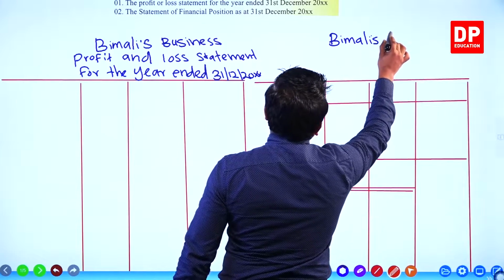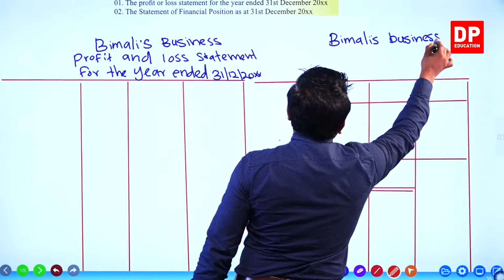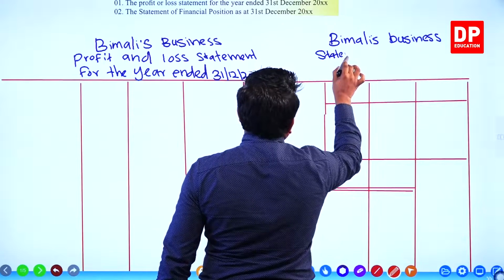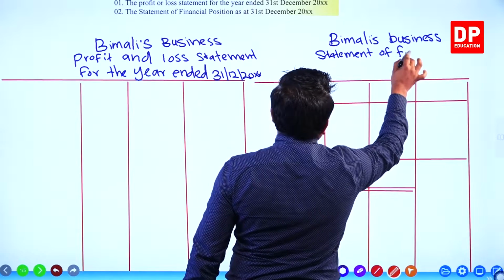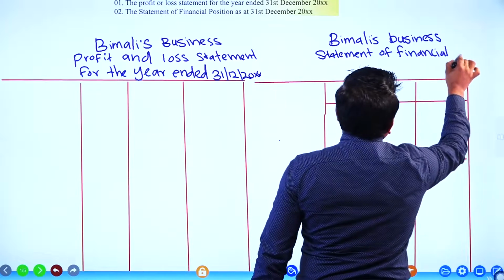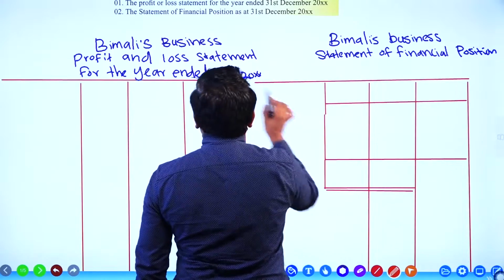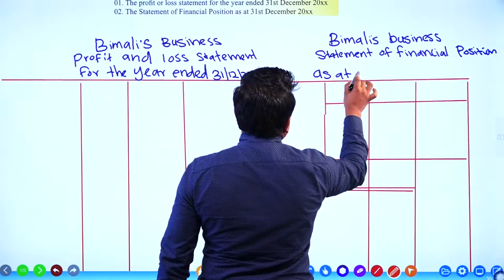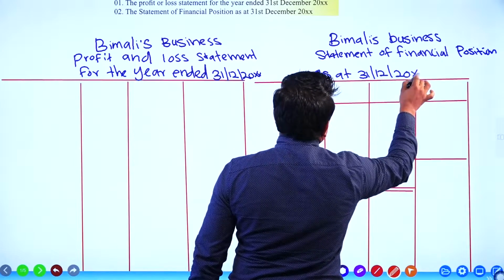That's why here, same business, Bimali's business, statement of financial position. You write not the year ended, but as at 31st December, year is given like 22 crosses, right?